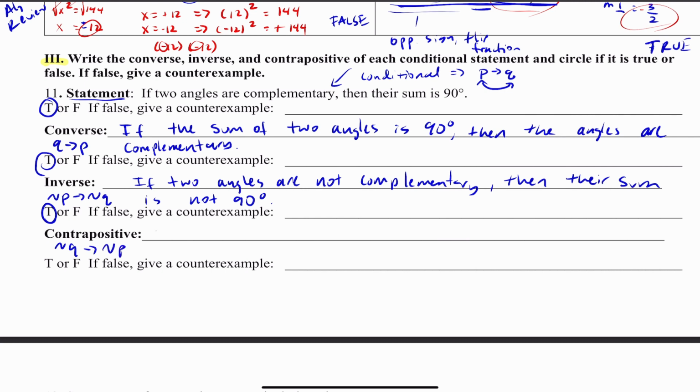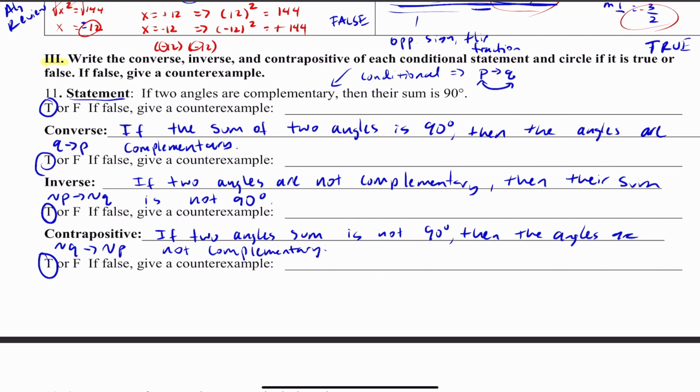So I would say if two angles sum is not 90 degrees, then the angles are not complementary. Okay, so if two angles sum is not 90 degrees, then obviously the angles are not complementary, so that is also true. Okay, again, by definition.